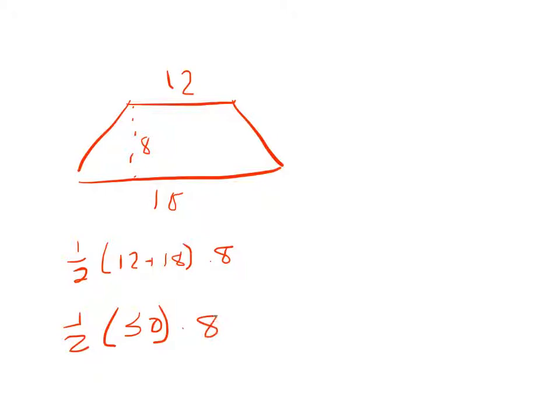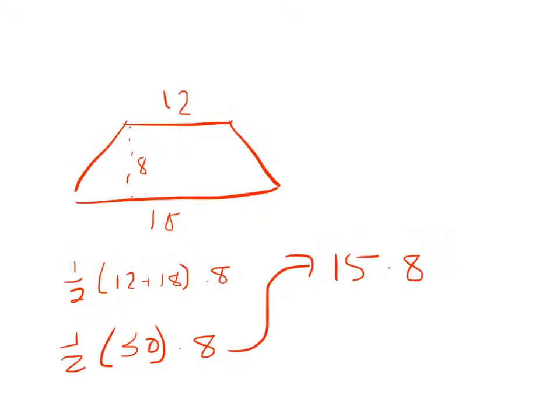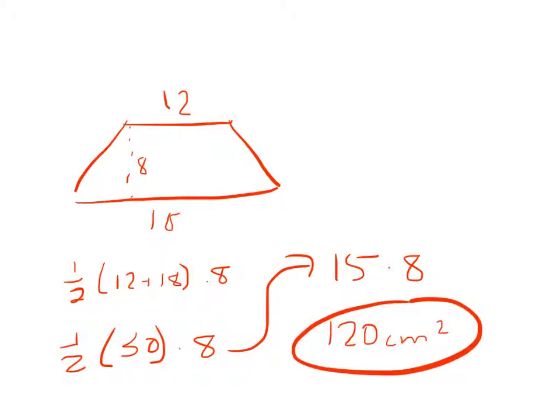Half times 30 times 8. Half of 30 is, so we'll continue over here, 15 times 8. So we can solve that. And 15 times 8 is 120, and our measurements are centimeters squared.